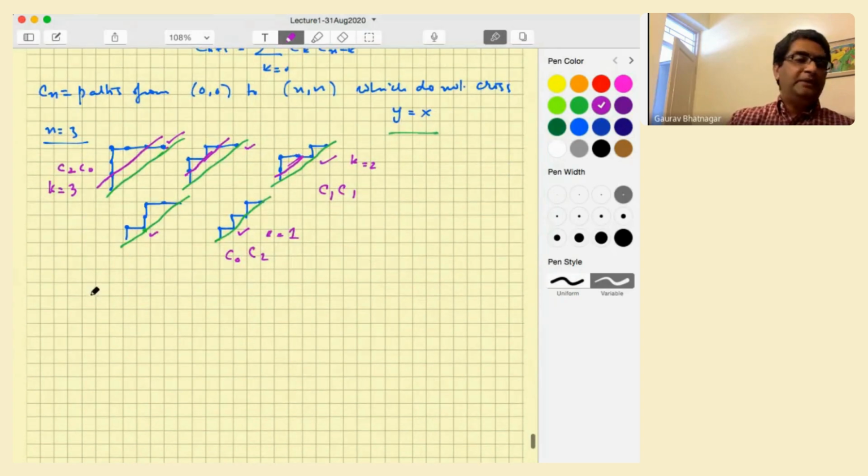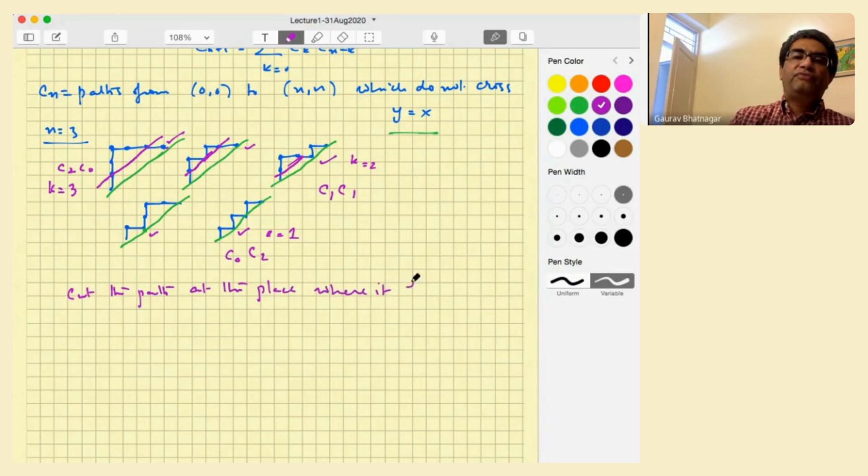So by this example, we cut the path at the place where it first touches y equal to x. Okay, so this is the idea. Suppose this is the first place it touches, and it's over here.